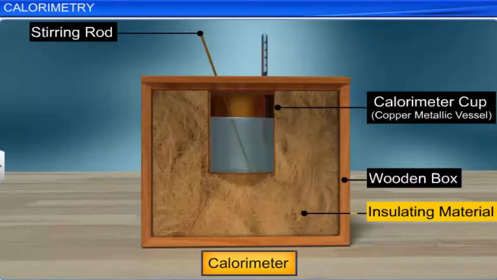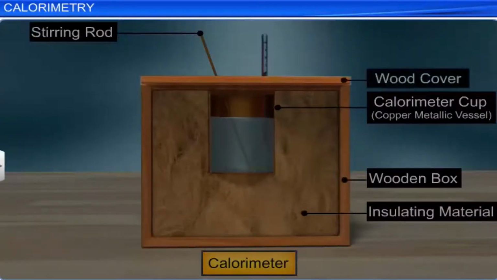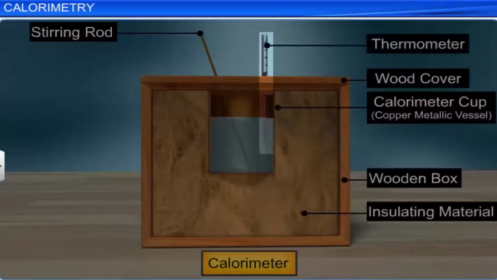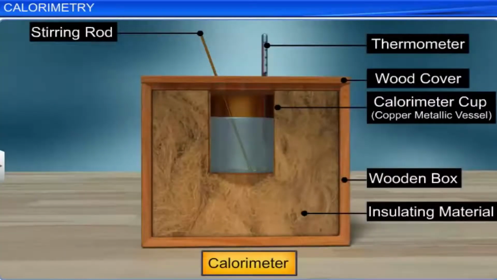This wooden box acts as a heat shield and reduces heat loss. There is a wooden lid on the top of the box, where there is a provision to place a thermometer and also to pass the stirrer through. Let us find the specific heat capacity of a solid using the principle of calorimetry.